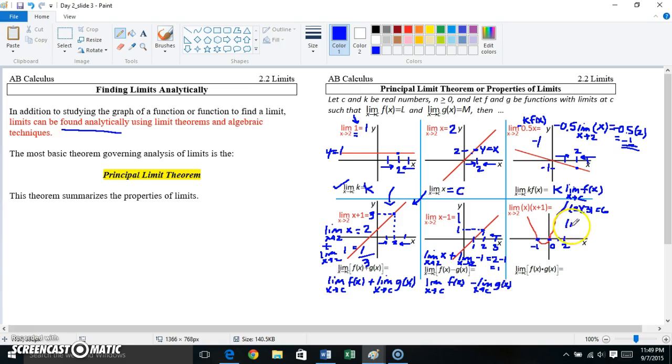If I break that up and look at the limit of x as x approaches 2, times the limit of x plus 1 as x approaches 2, evaluating each of these limits separately, I'm going to get 2 and 3. The product is 6. So the limit of a product is the same as the product of the limits.